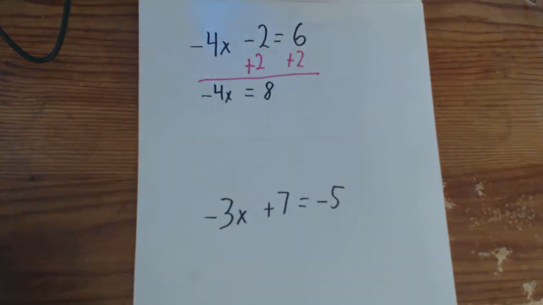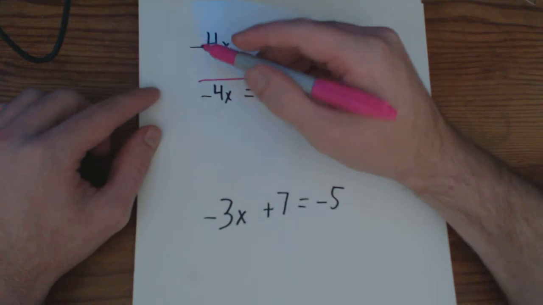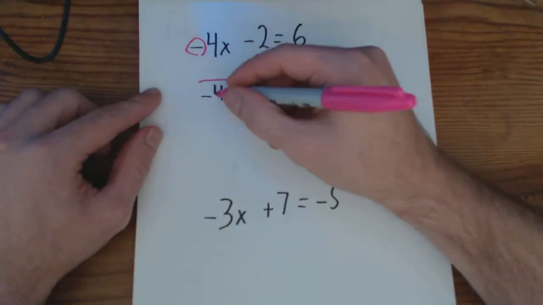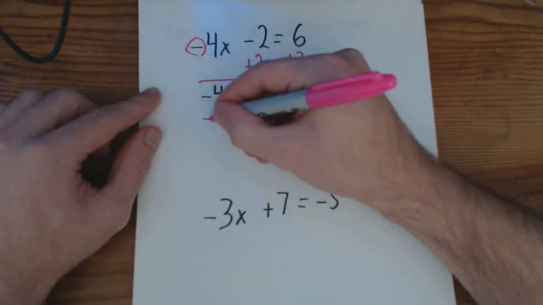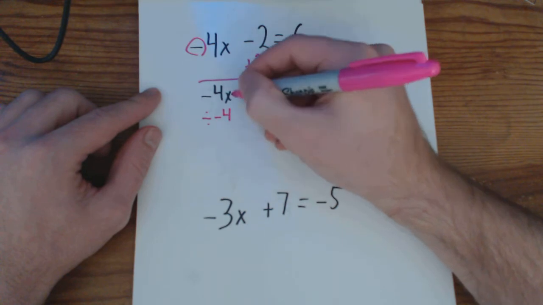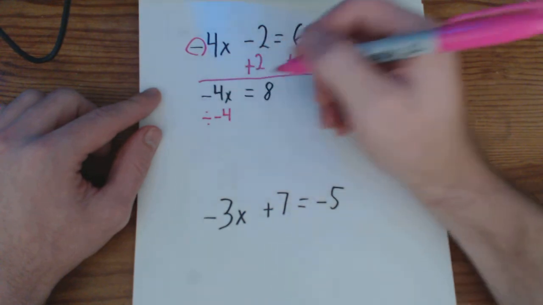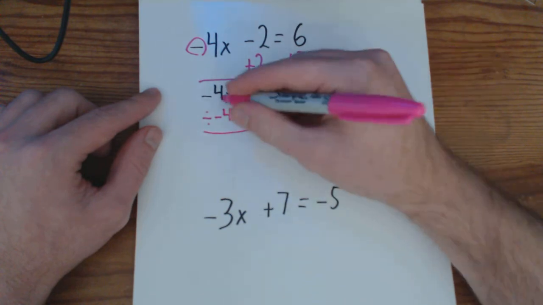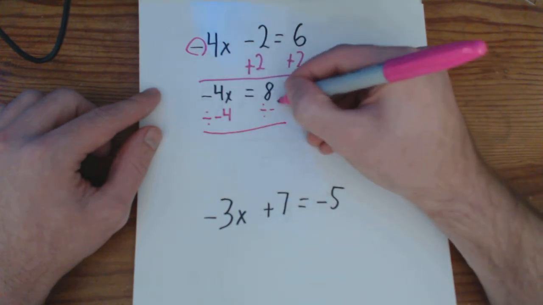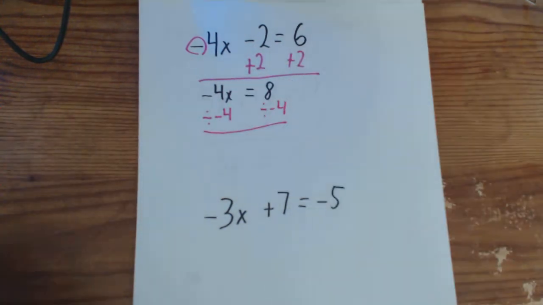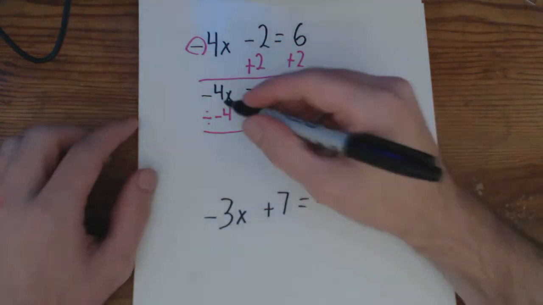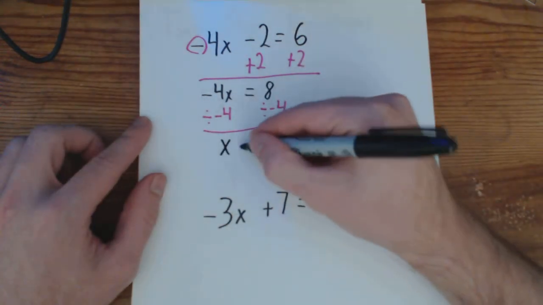Now in this case, you got to keep track of this negative here. So I'm not going to divide by 4. I'm going to divide by negative 4 because I want this to become just x. So I need to divide by negative 4, that whole coefficient. Again, if I do something to one side of the equation, I have to do it to the other. Negative 4 divided by negative 4 is just going to be 1. 1 times x is just going to be x.